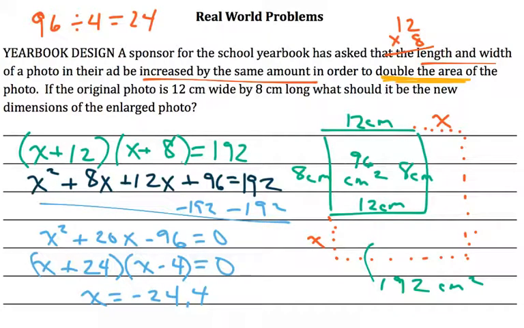Now, because this problem is all about increasing area, it wouldn't make sense that I would have a negative solution. So I would cross that out, and I would say 4 centimeters, and I'd be done with what I solved for.